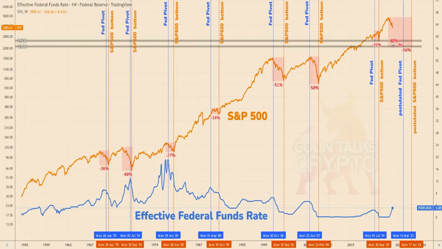So to expect we would go somewhere between this support range of 2,500 on the S&P and 2,100 on the S&P would give us, I did the math on this, a 48% drop to a 56% drop, which is right in the range of what we'd expect from a larger size bear market / recession.